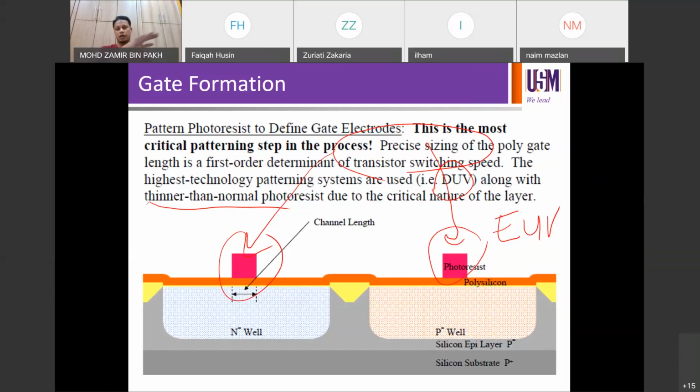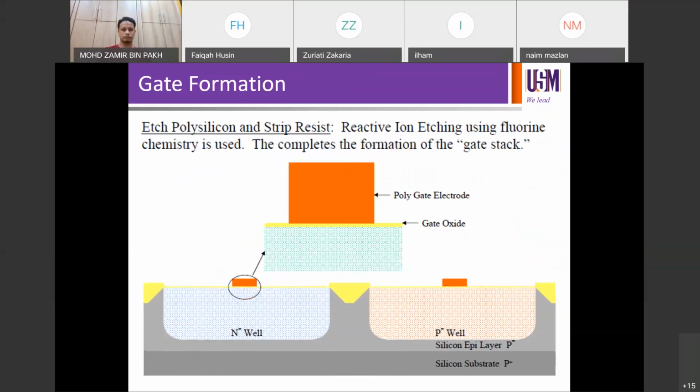So you now coat the resist, expose these areas, you block this area, then you remove all the exposed regions. Then you're going to end up with that resist line. Okay, that resist line. Next, what happens?